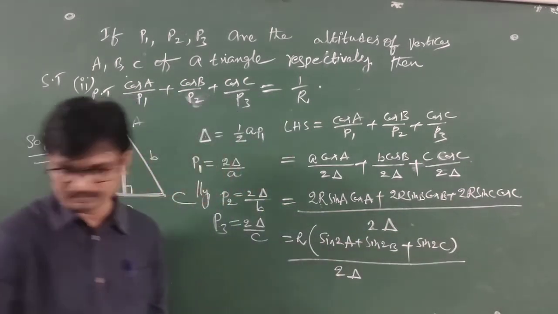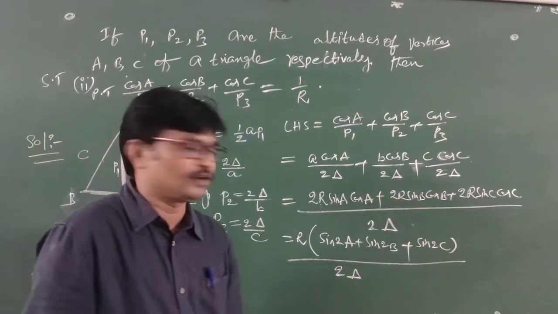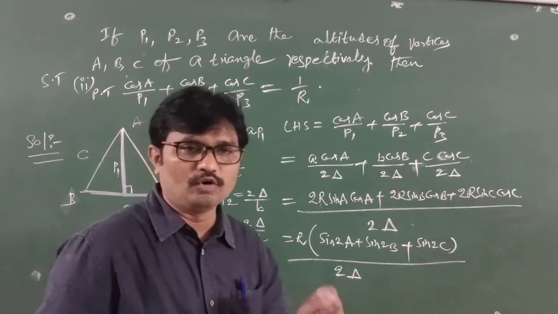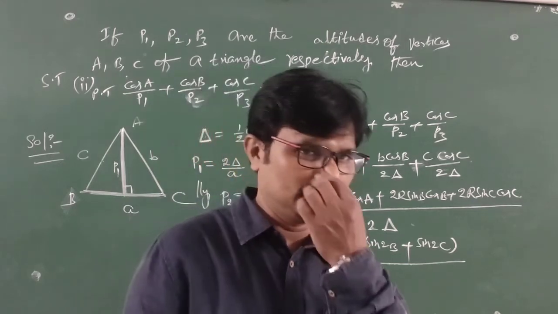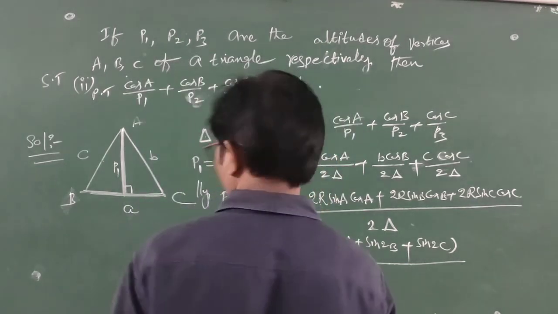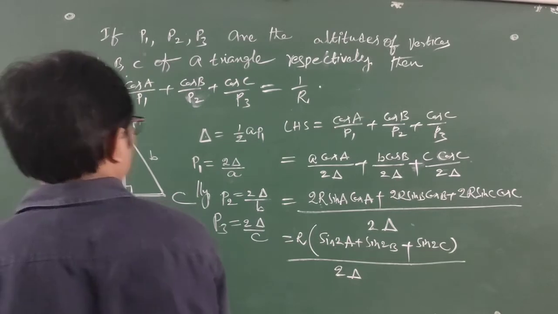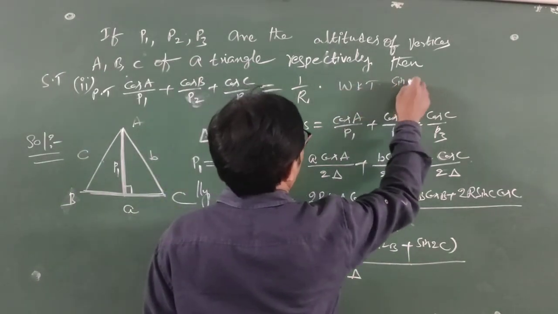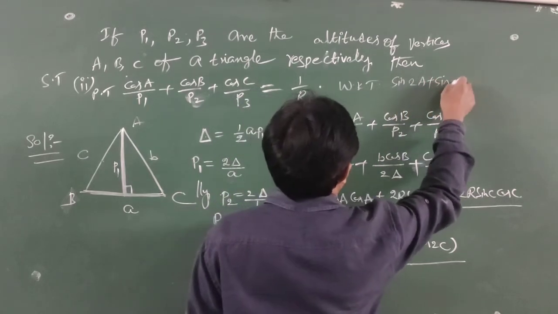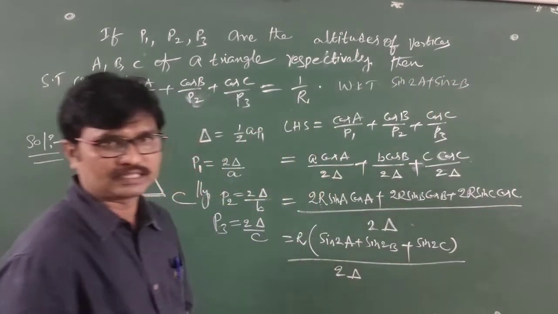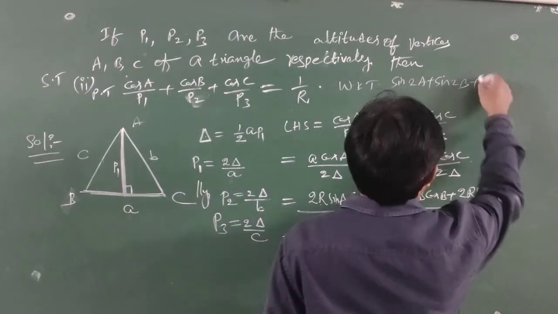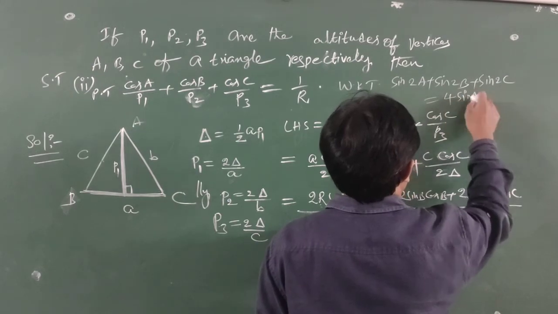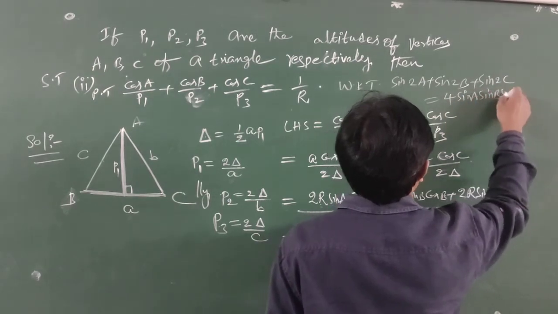r is the common. Everybody knows from the transformations that sin 2a plus sin 2b plus sin 2c is 4 sin a sin b sin c. In a triangle ABC, sin 2a plus sin 2b plus sin 2c equals 4 sin a into sin b into sin c.